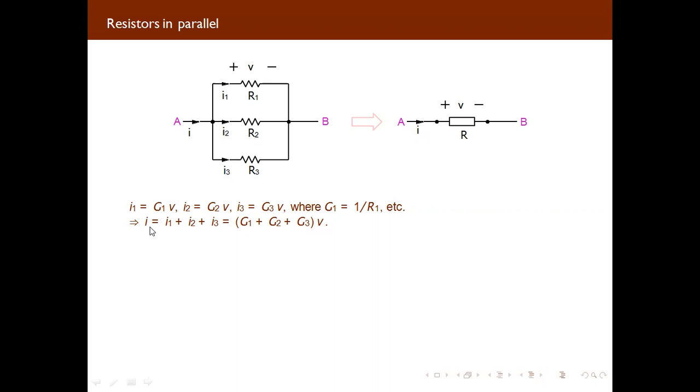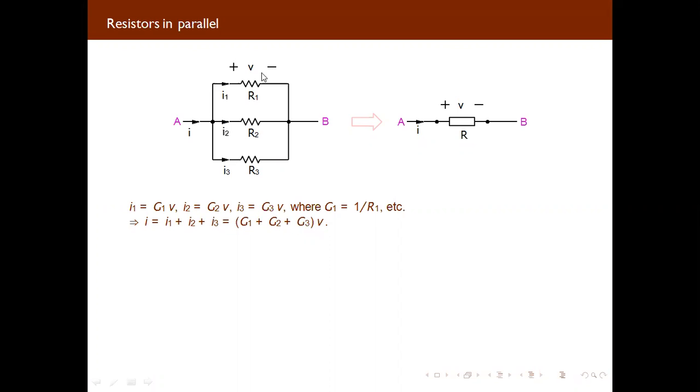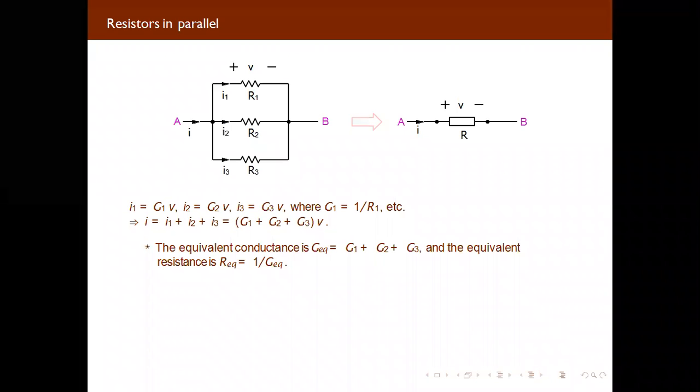So you will get total amount of current I equal to I1 plus I2 plus I3, but we are aware that if these resistors are connected in parallel, voltage will be same. So you can take voltage as a constant and you can write in bracket 1 by R1 plus 1 by R2 plus 1 by R3, or you can write G1 plus G2 plus G3 into V. So here if you are calculating total resistance, you will get 1 upon R equivalent equal to 1 by R1 plus 1 by R2 plus 1 by R3.